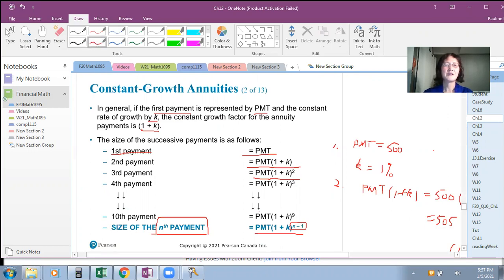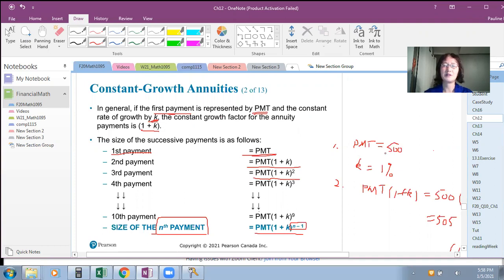So in general, if the first payment is represented by PMT and the constant rate is K, the constant growth factor for the annuity is 1 plus K. So for example, the first payment is PMT.